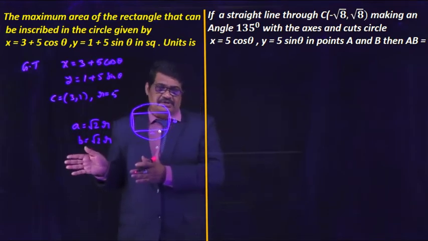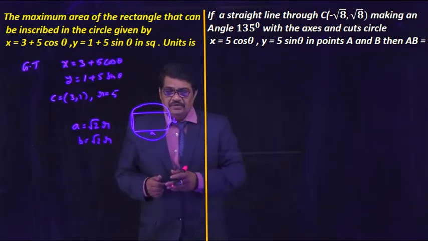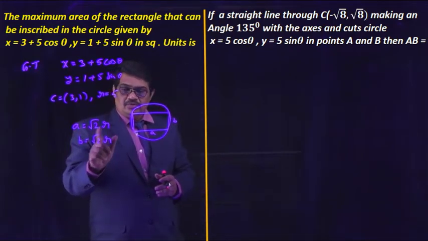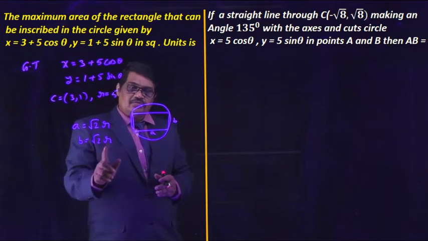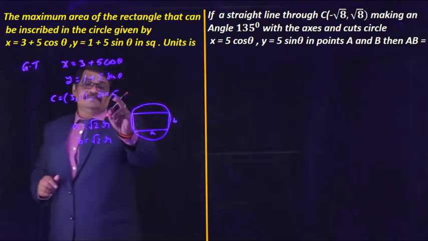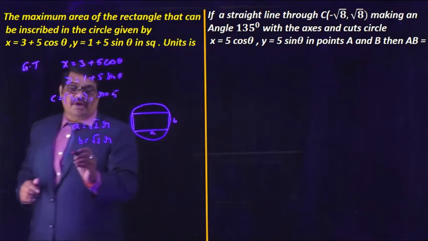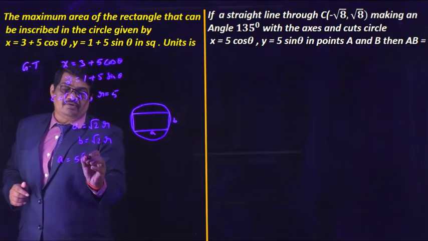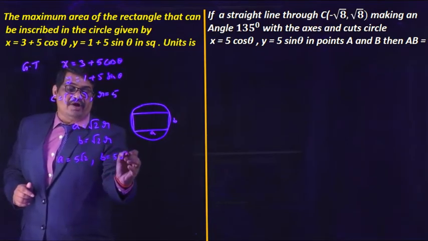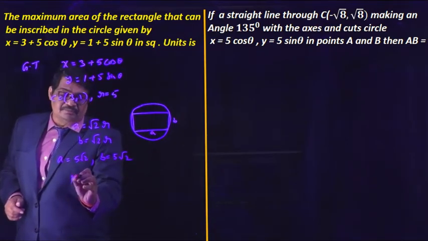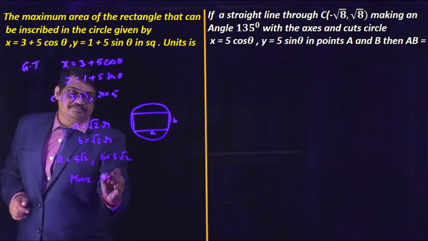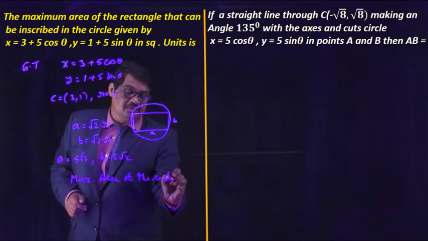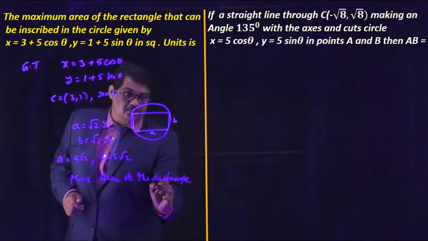This concept is in the first year. Okay, we have learned it. So these are the parameters: A is equal to root 2 r and B is equal to root 2 r. Here what is the radius of the circle? r is equal to 5. So then A is equal to, substituting r as 5, 5 root 2 and B is also 5 root 2. So then what is the maximum area? The maximum area of the rectangle is equal to AB.